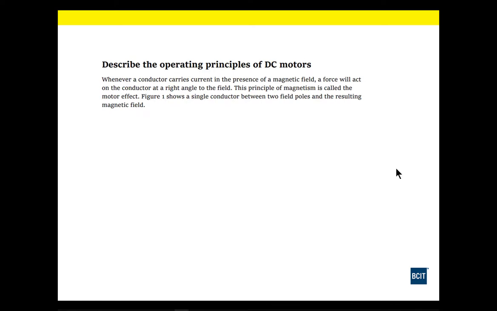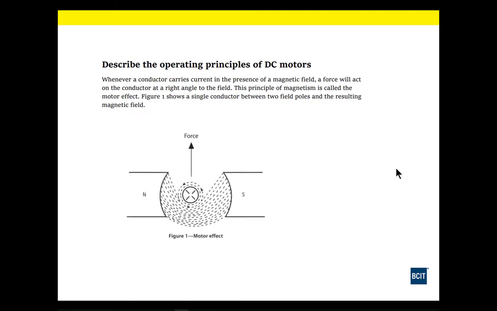Before we get any further, we have to have a little bit of a review, and an introduction for some of you, of operating principles for conductors in a magnetic field. If we have a conductor in a magnetic field and we put a current through it, as we see here, the X means the current's going away from us.